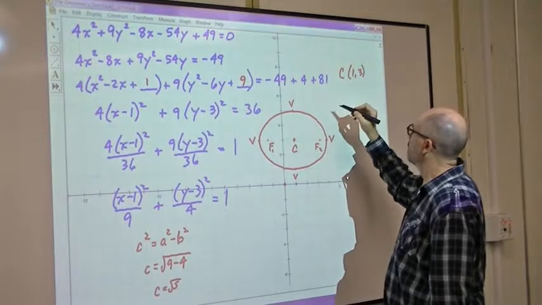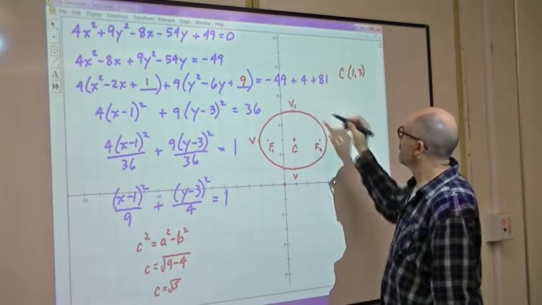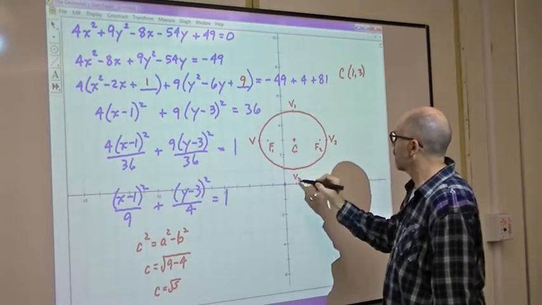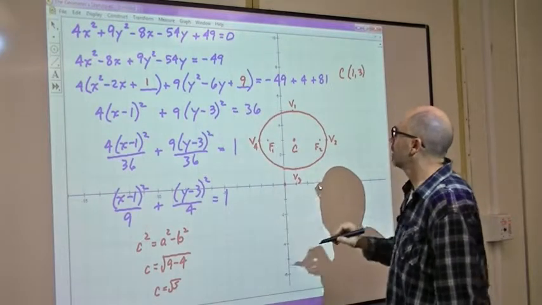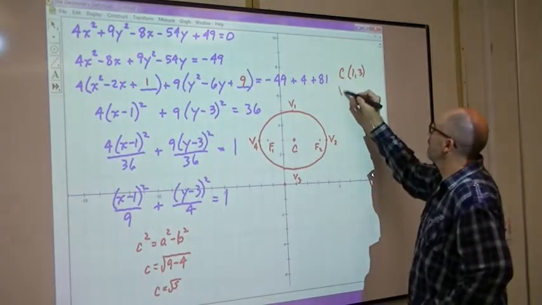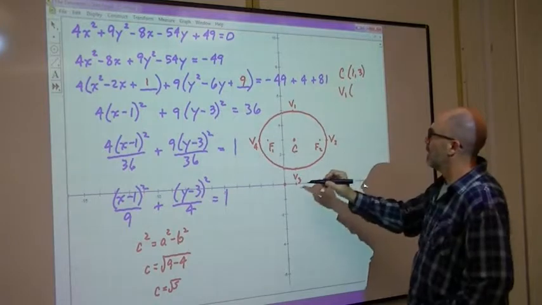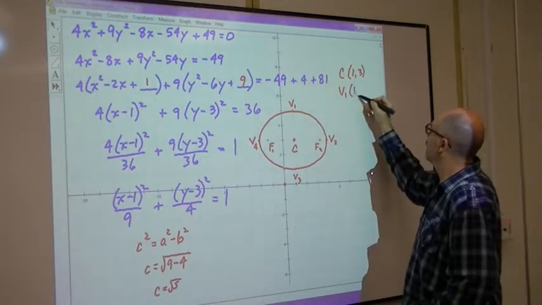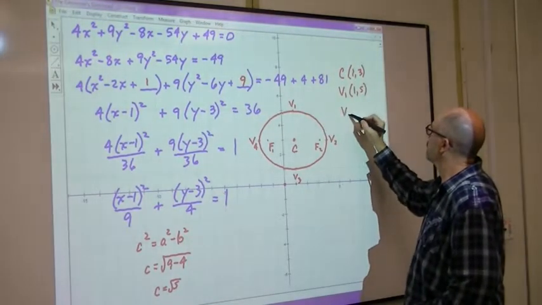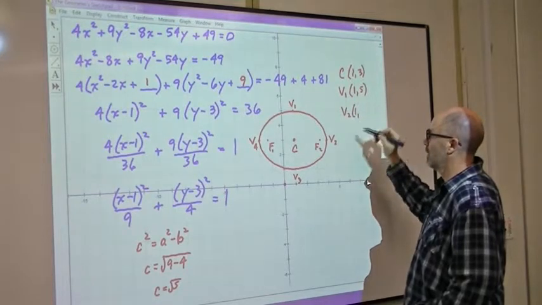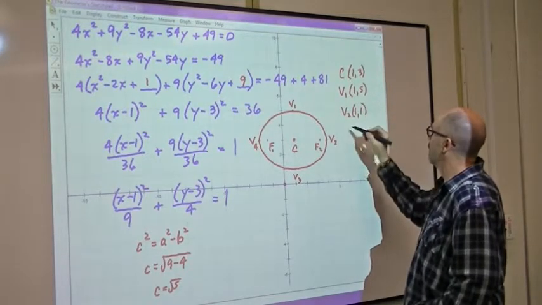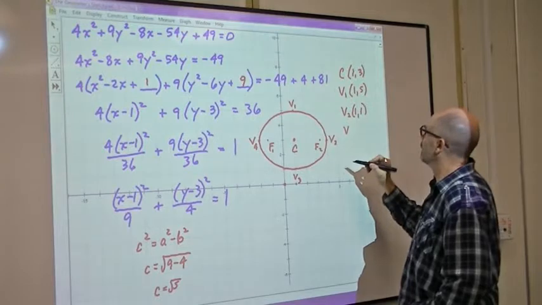We'll call these v sub 1, v sub 2, v sub 3, v sub 4. So v sub 1 is going to be 1, 5. v sub 2 is 1, 1. v sub 3, that was v sub 3.